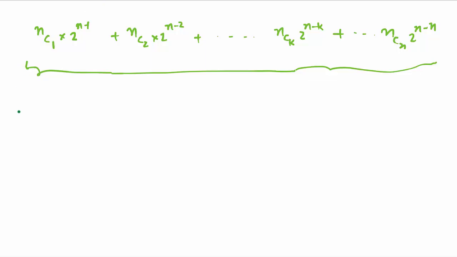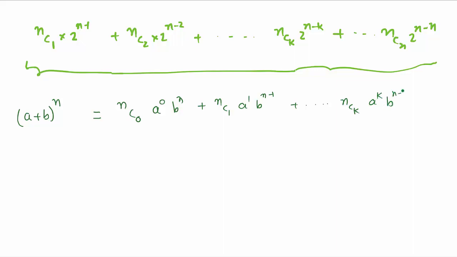Okay, let me remind you that for (a plus b) power n, we have the formula nC0 a power 0 b power n plus nC1 a power 1 b power n minus 1 plus nCk a power k b power n minus k plus ncn a power n b power 0, right?